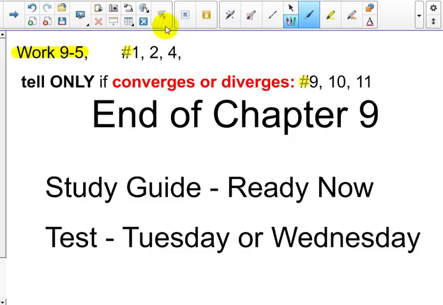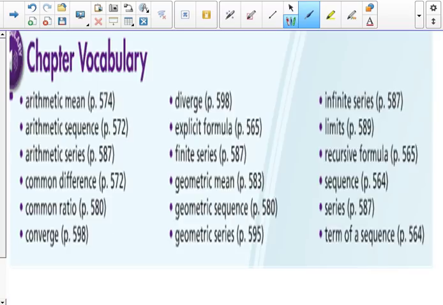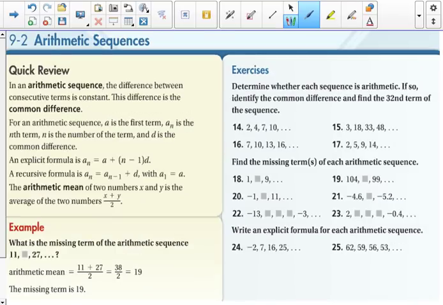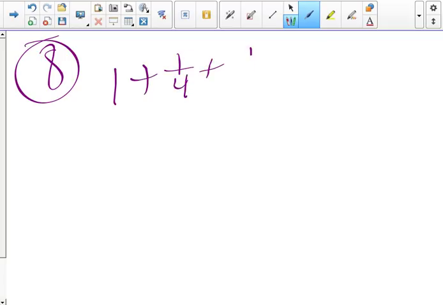All right, so let's look at number 8 together, okay? So we're going to look and see if it diverges or converges. All right, so number 8 on your workbook on the back page, we had 1 plus 1/4 plus 1/16. So let's get our common ratio.